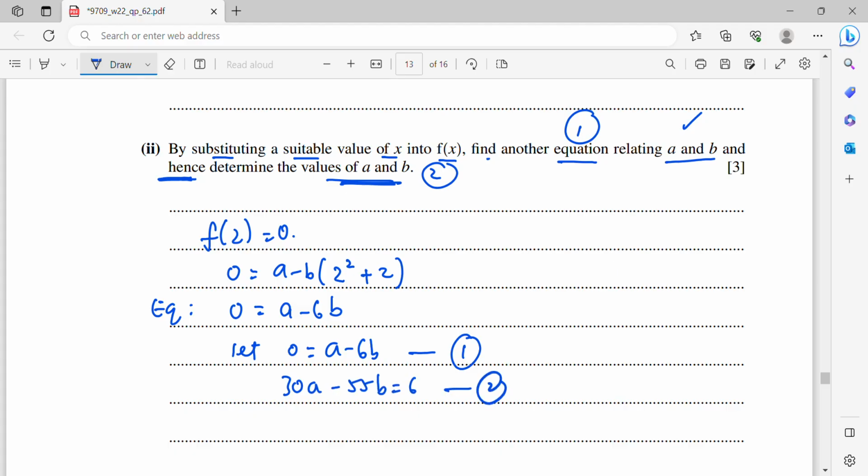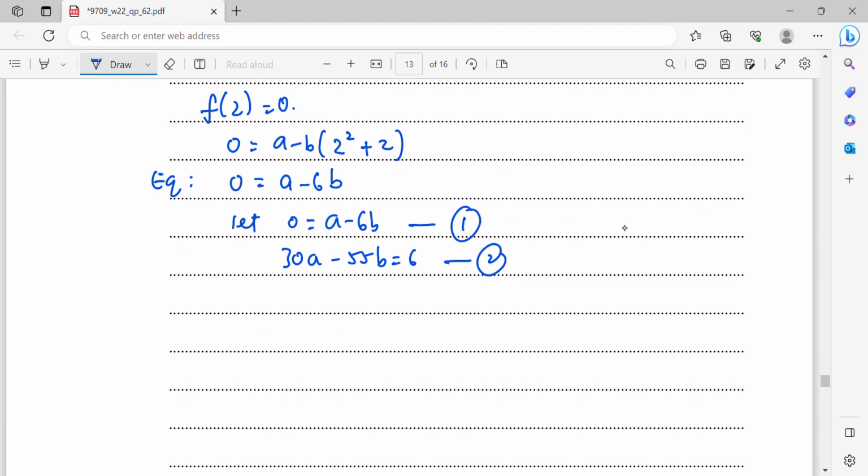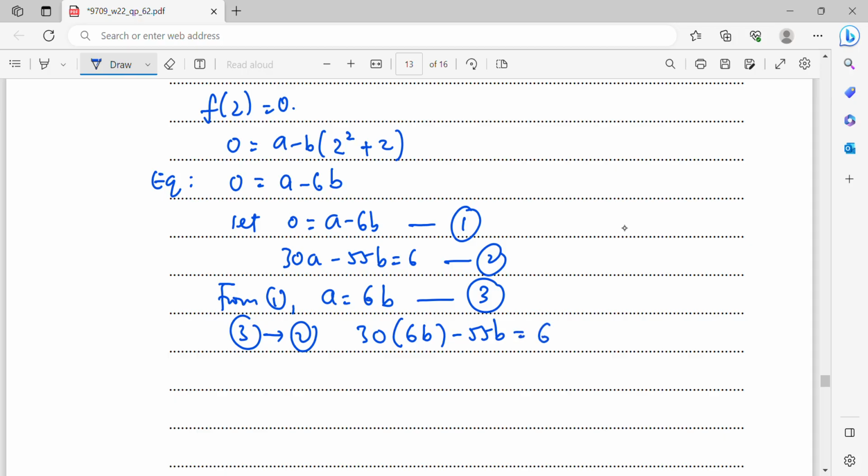Now to solve these two equations, I will use the substitution method. So from the first, my a is going to be 6b. And let this be the third equation. Now I substitute into the second equation. So 30a, my a is 6b, minus 55b equals to 6. So from here, 180b minus 55b equals to 6. Therefore, you will get 125b equals to 6.